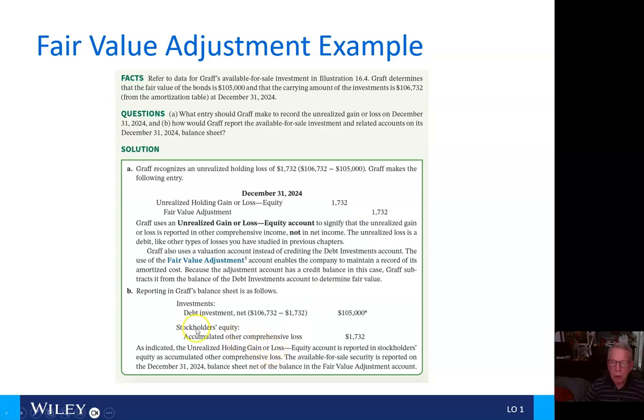Okay, so then we report that on the balance sheet like this. Our investments are going to show the debt investment net of that unrealized holding gain or loss, and then the stockholders' equity is going to show $1,732 of accumulated other comprehensive loss.